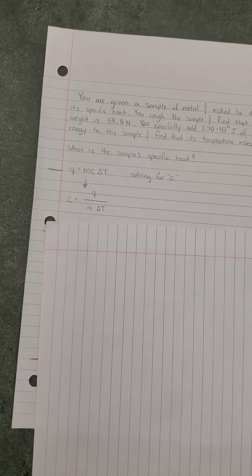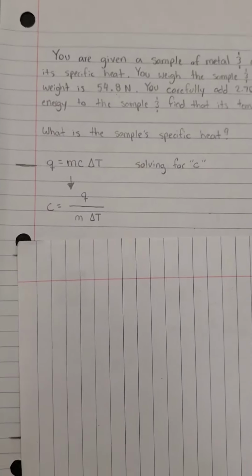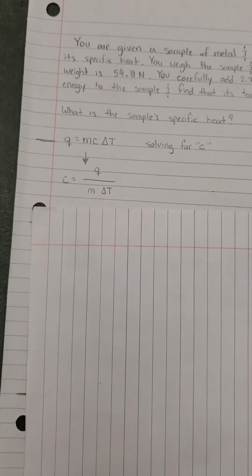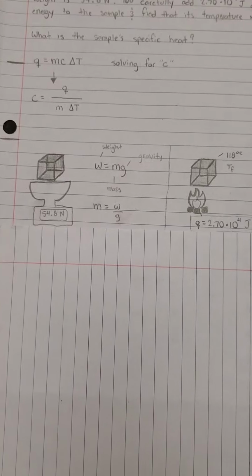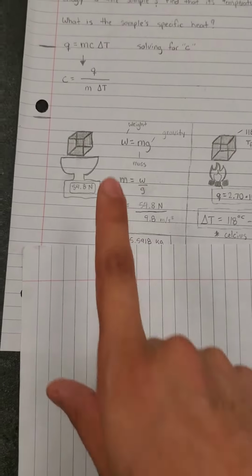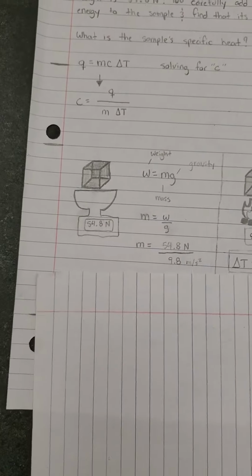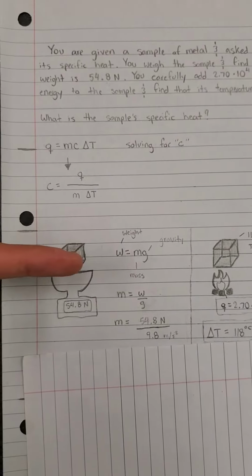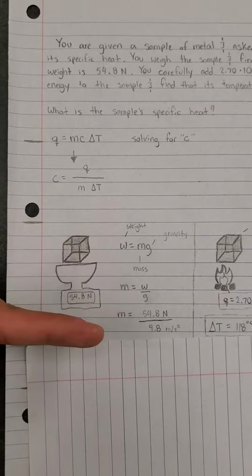Well, you use this equation, you solve for C, you do a little algebra, and you should get this equation right here. Then to solve for the rest of it, you take the weight that was given, 54.8 newtons. You solve for mass using the equation right here. Weight is equal to mg.